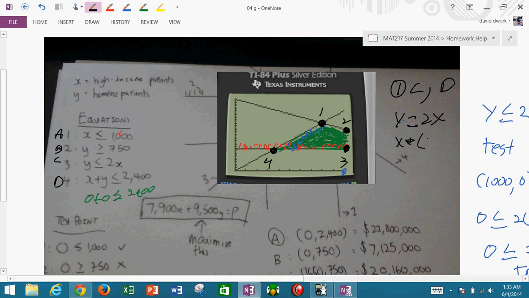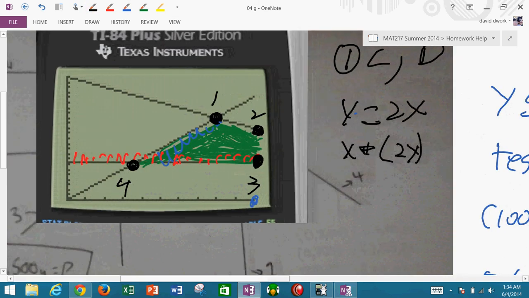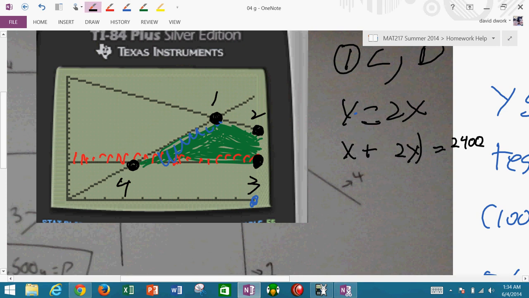Instead of y, I could again write 2x equals 2,400. And that's a plus sign. There we go. And then now you solve that and you get your x value for corner point number 1.